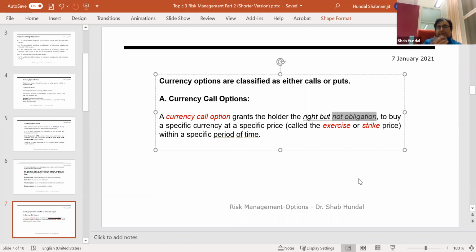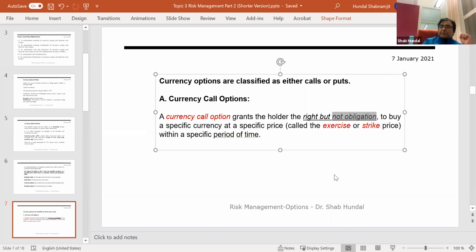You can just forget it. Of course, you would be losing the premium which you pay upfront, because the premium you pay right now when you sign the contract, but the actual strike price you will be paying, if you are paying, at the end of the period or before, whenever you think it's necessary.